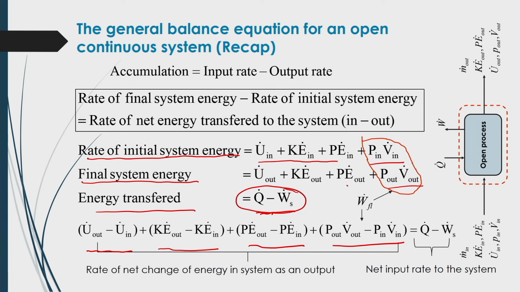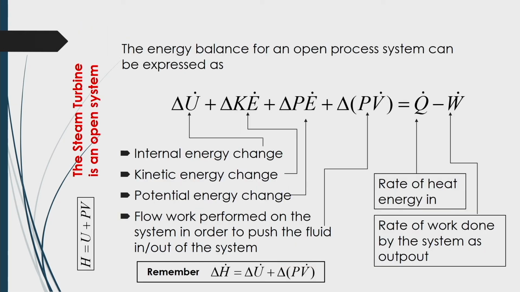So the summation of all these differences of internal energy, kinetic energy, potential energy, and flow work will be equal to the net energy transfer to the system, that is, inlet and outlet condition. In this way we have the general energy balance equation for an open continuous system.